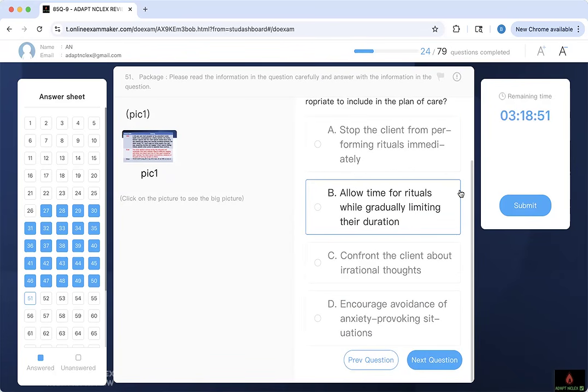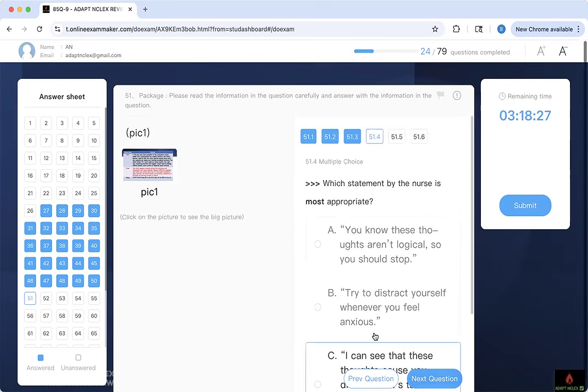I use all the things I know they're going to ask you regarding OCD, and I create the concept in the case form. So what do you need to do when you're taking care of this patient? You should not take away the stimulant. Let them do it, but not 20 times, maybe 5 times, because then you create more anxiety and they get into trouble. So allow time for gradual timing on the duration of their ritual.